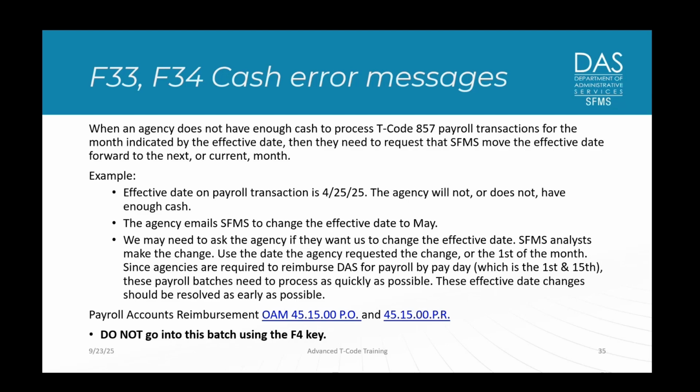This happens when T-code 857 goes through, and only the effective date field can be updated. The agency emails the SFMS agency analyst and requests the update of the effective date. If you don't have enough balance for this month, or the month is closing, then you can request to update the effective date to the next month.